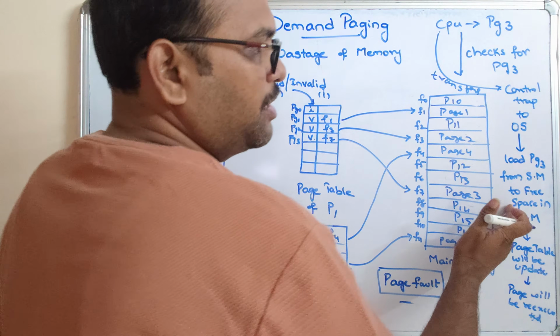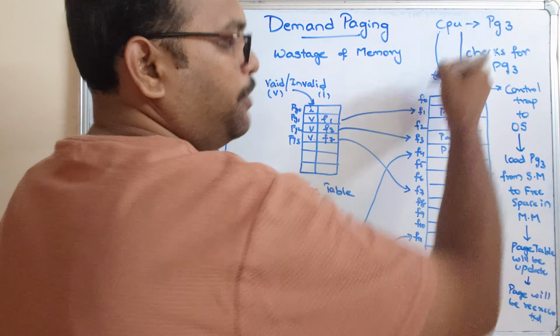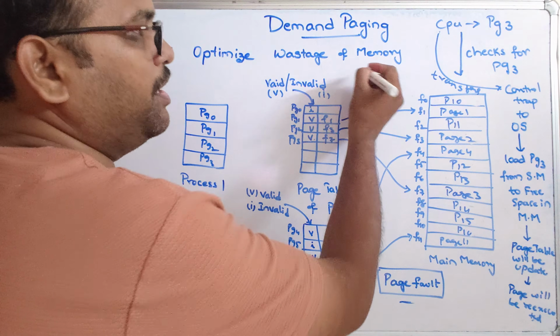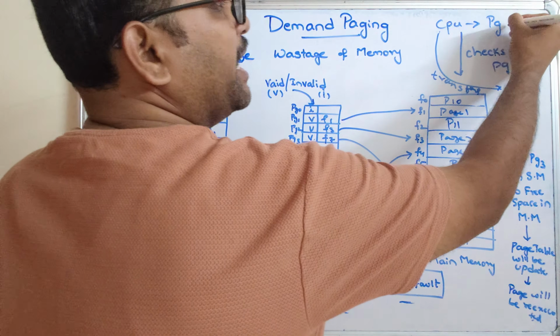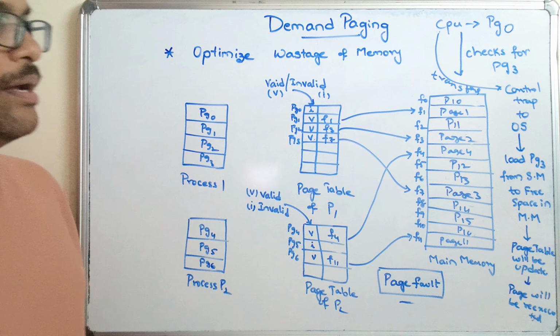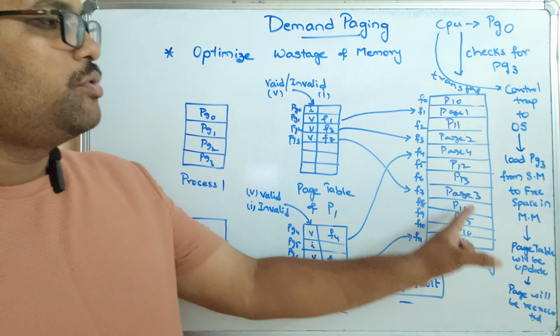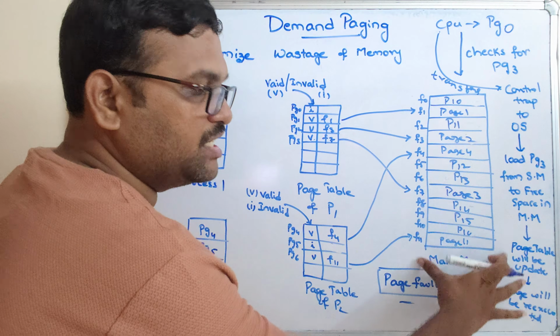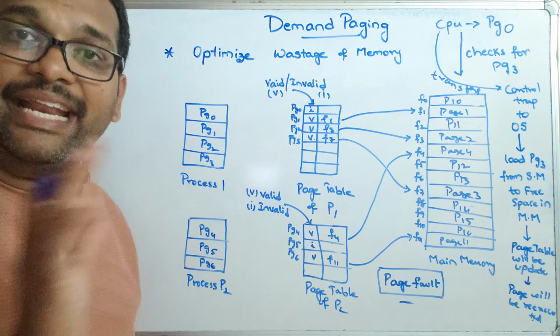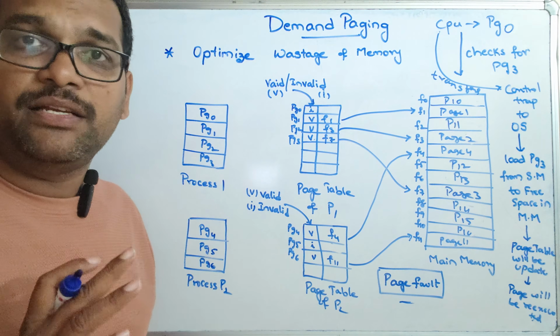So what happens here? Whenever there is a page fault, for example, the CPU now requires loading page 0 to the main memory. But you can see the complete main memory is filled with pages. There is no free entry.